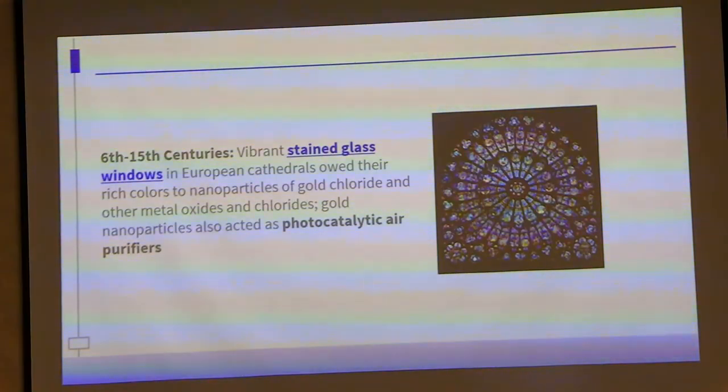Here again, the unique feature happened due to gold nanoparticles. Very unique one. And these nanoparticles also work like a photocatalytic air purifier, so they keep the air pure.